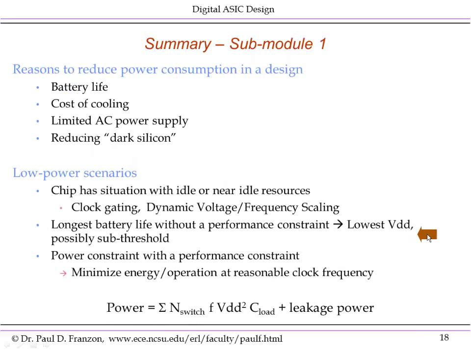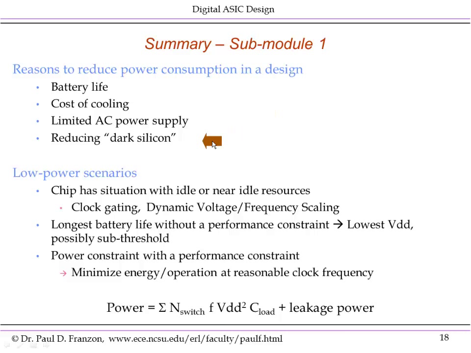So that leads us to the end of this submodule. I remind you about why we care about power consumption. We care about the battery life. We want to minimize the peak power so we can cool it cost effectively. And also we are worried about delivering the power, potentially all the way from the grid. Increasingly, we're worried about dark silicon.